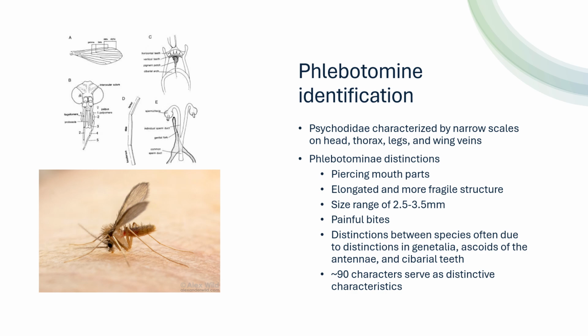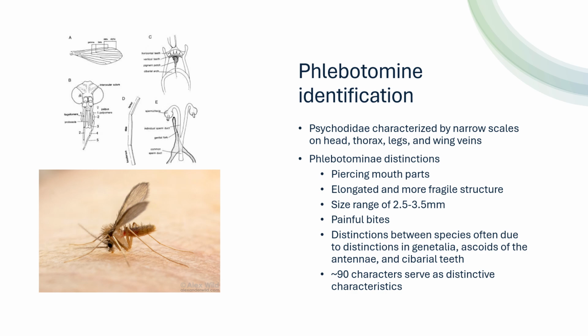In addition to their mouthparts, they also have a smaller, more fragile body structure compared to other members of Psychodidae, which gives them a very delicate-looking appearance. Another key characteristic is their V-shaped wings, as I had said before. When it comes to classifying species within the subfamily, researchers have relied a lot on their external morphology.